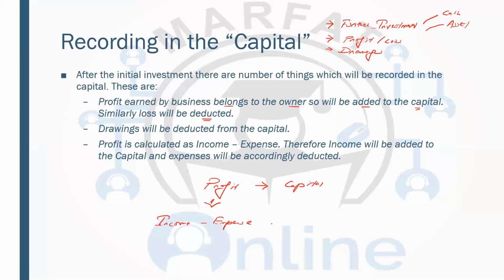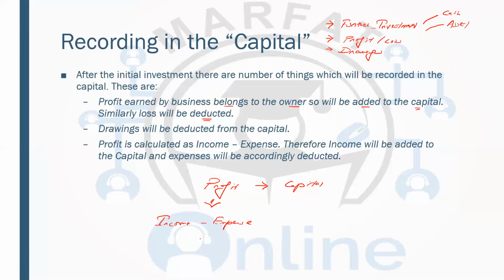That means if your income is exceeding your expense, for example, I bought a football shirt for $500. This was my expense, but I sold that shirt for $800. That means this $300 is the profit, which is income minus expense. So remember, when you are talking about the profit, this means income minus expense.